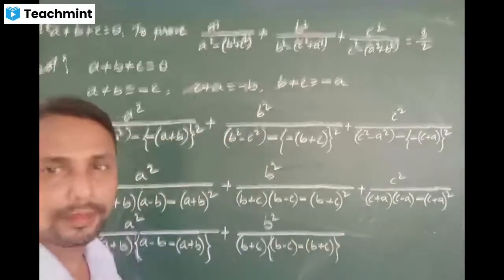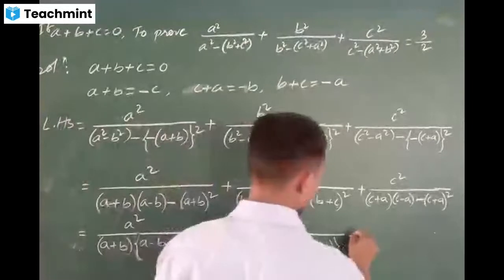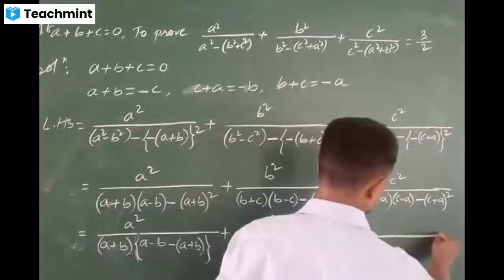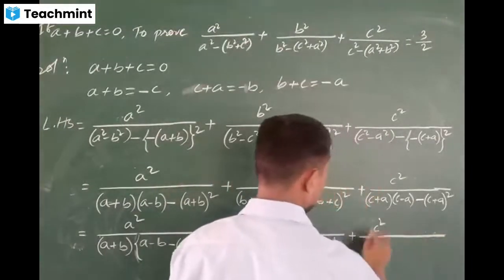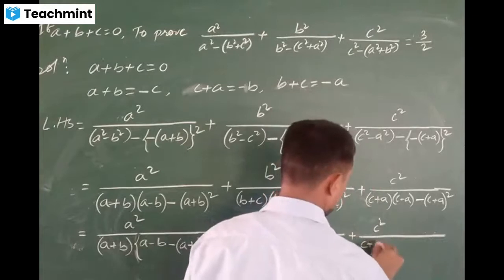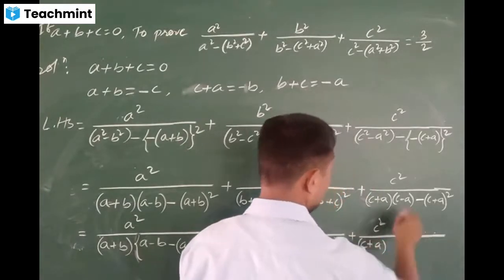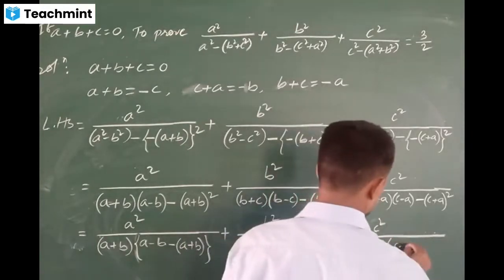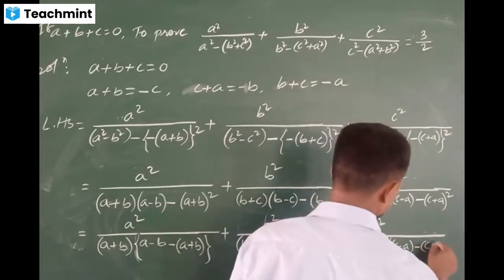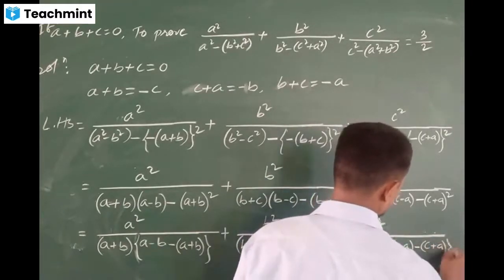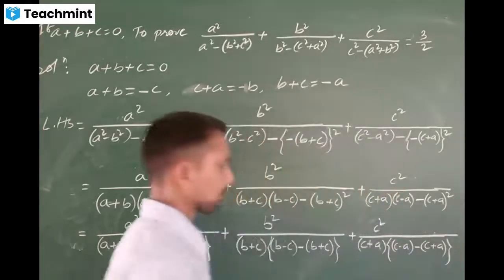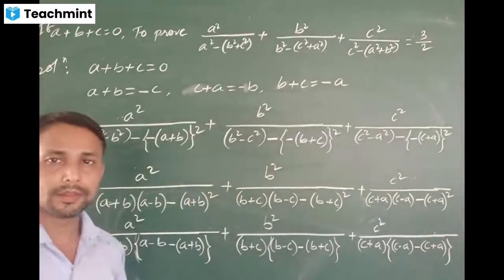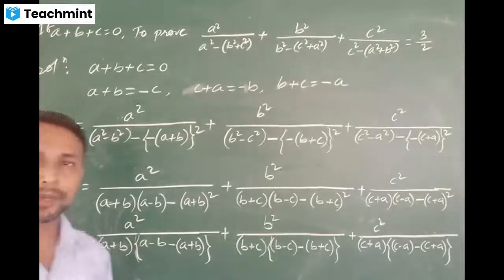Then at the last, c square, c plus a we can take common, then c minus a minus c plus a.